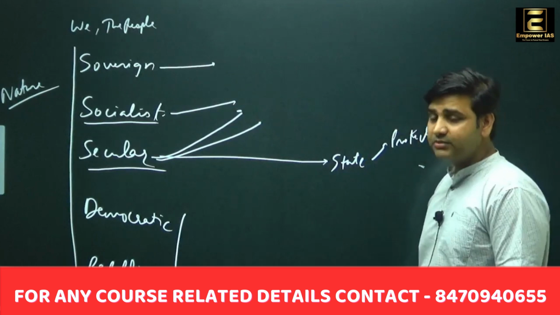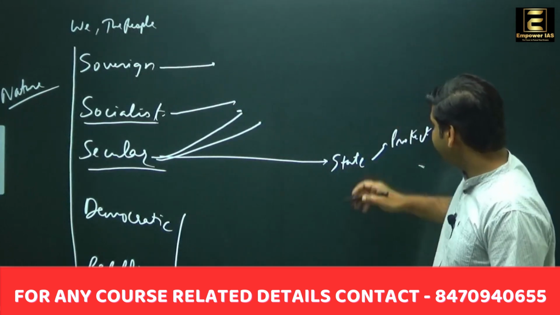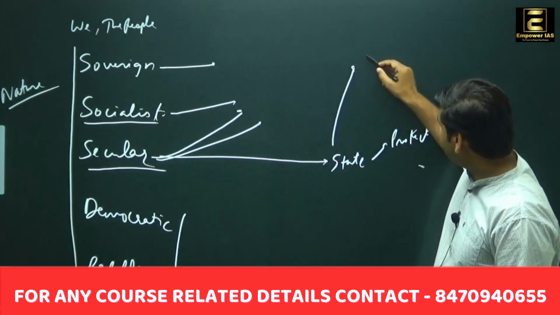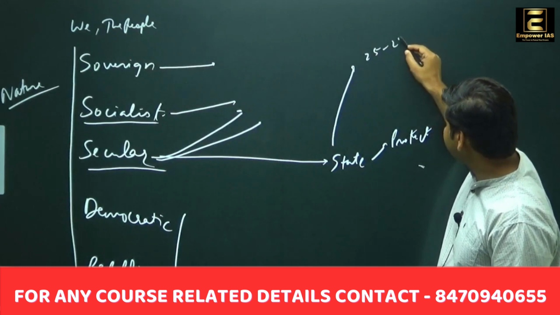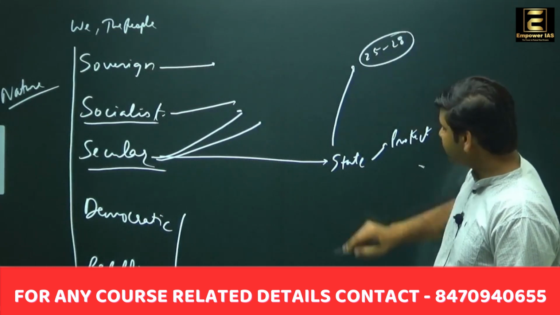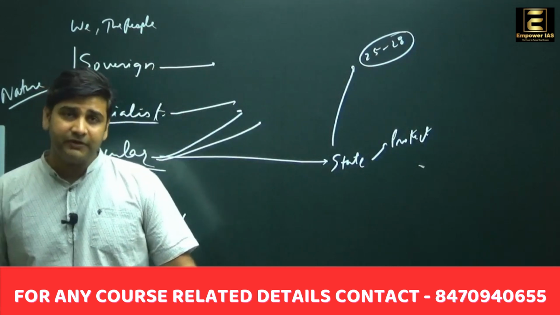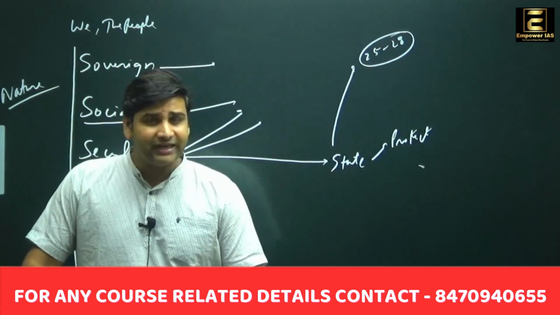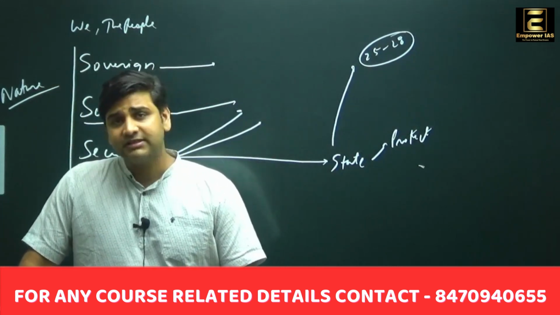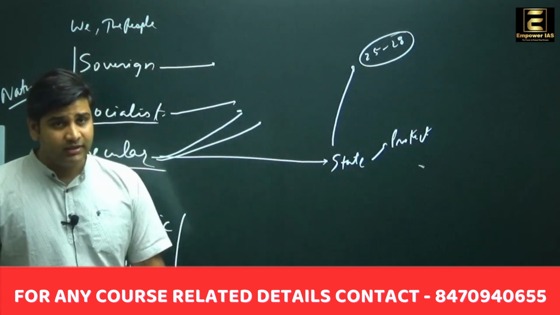So, how is secularism practiced in India? We see Articles 25 to 28. These are some of the fundamental rights given, and people are free to worship and to practice, propagate and profess any religion of their choice.